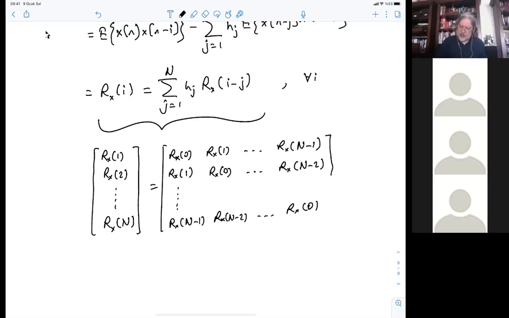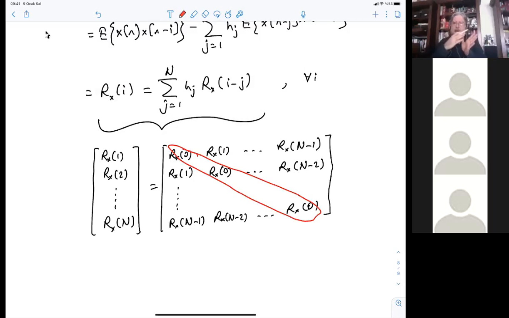So in this matrix, you notice that the diagonal is Rx of 0, and the off-diagonals are Rx of 1s, Rx of 2s, and the corner points are Rx of N minus 1.